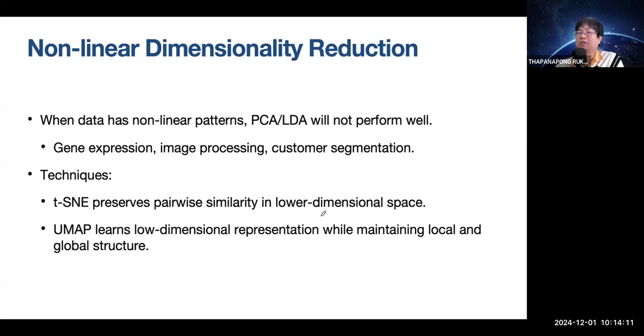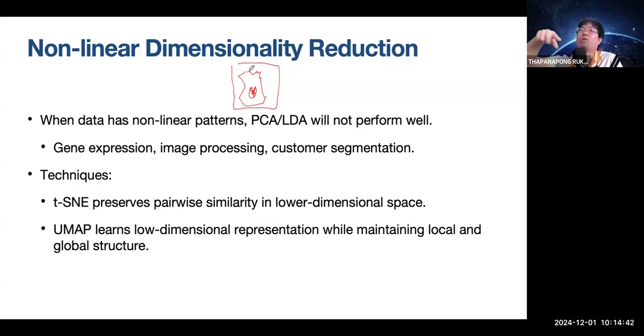When the data has a nonlinear pattern, what I mean by nonlinear pattern is, let's say my data has two groups: one group is the outer ring, and another group is the inner ring. This relationship is not linear, because it's kind of like a ring, it's circular.